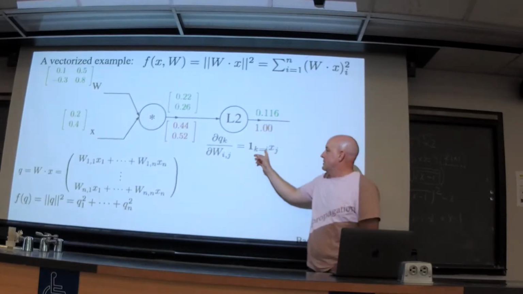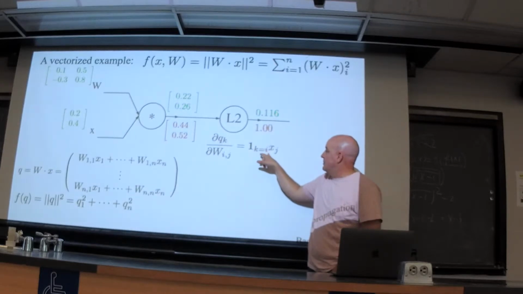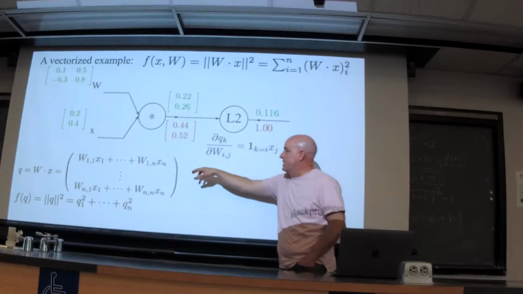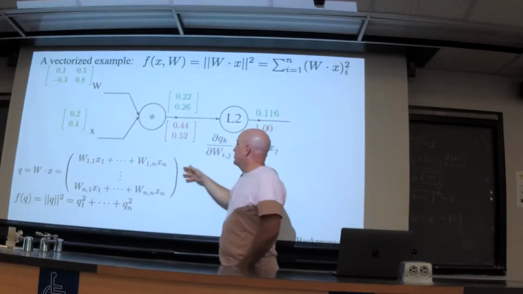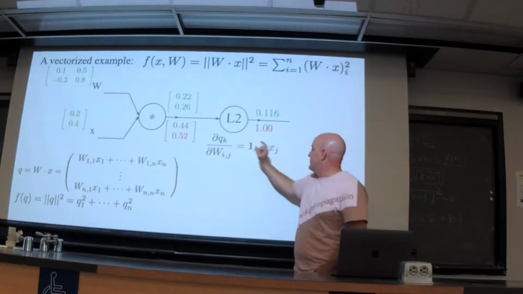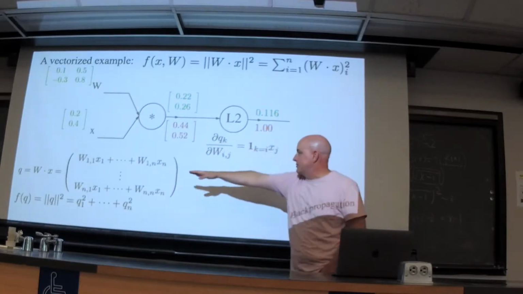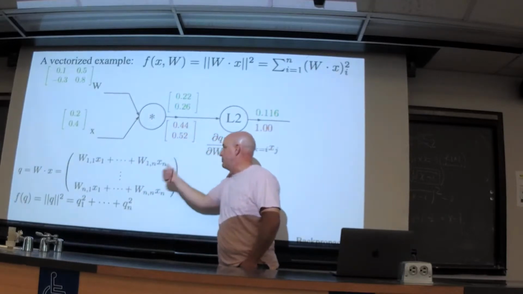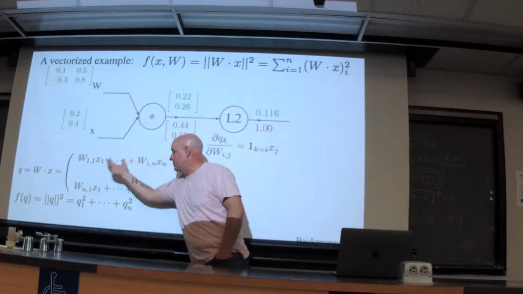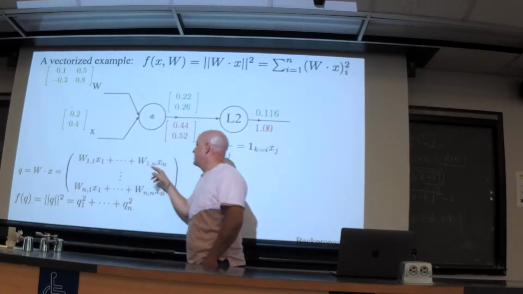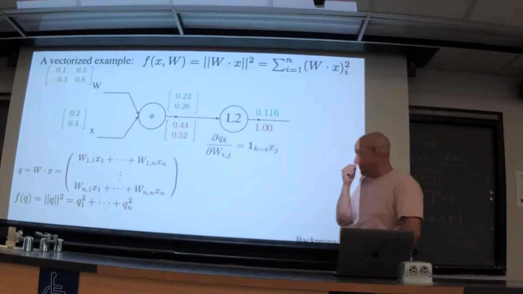So it's 1 just when we're considering the kth row of W. So again, let's think about Q1. We're going to think about what is the contribution to that partial, the full gradient, for each of these entries of W in the first row.